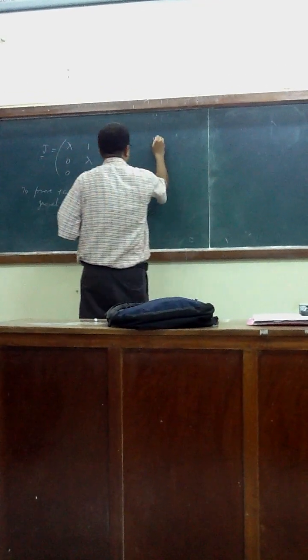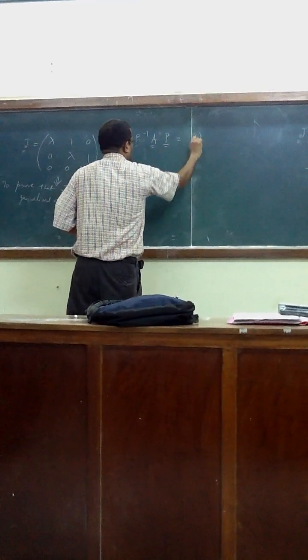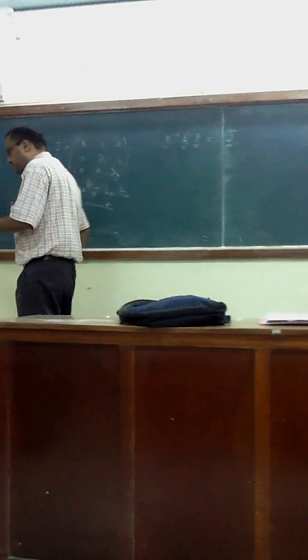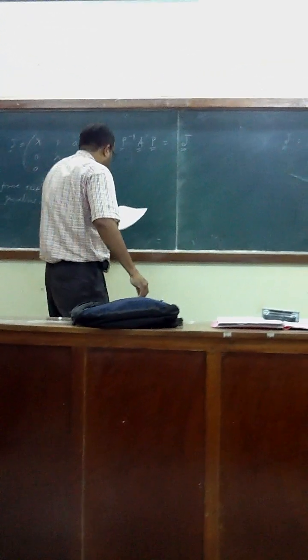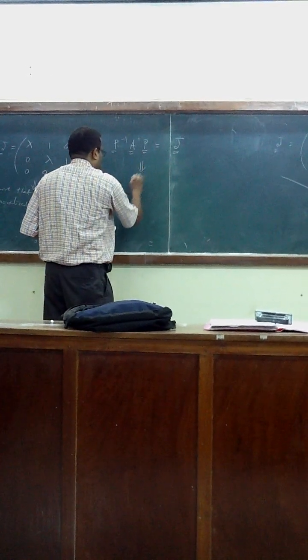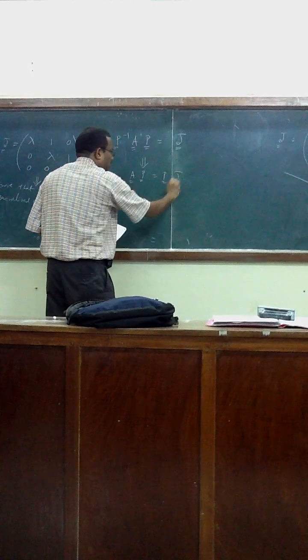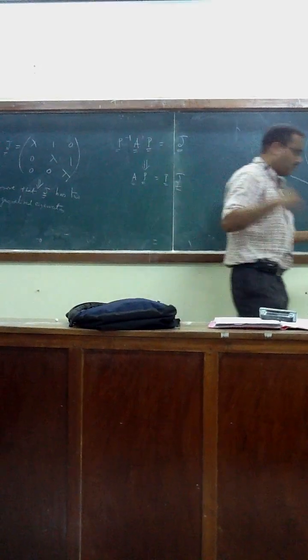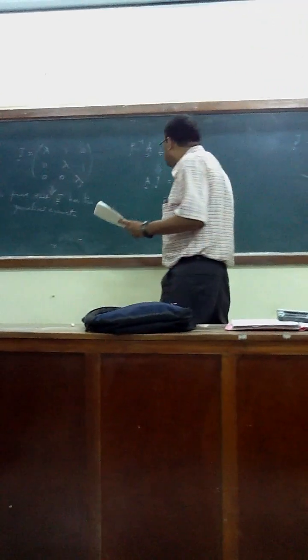We have P inverse A P equals the J matrix. So this gives AP equals PJ. We have done it earlier. This we have already done. How to construct the P matrix?